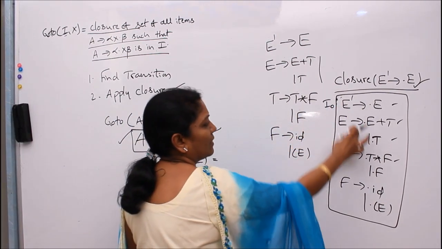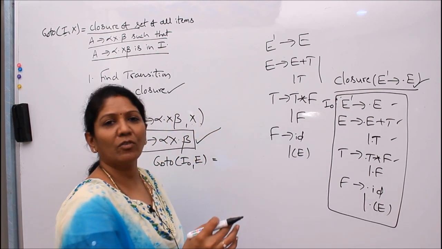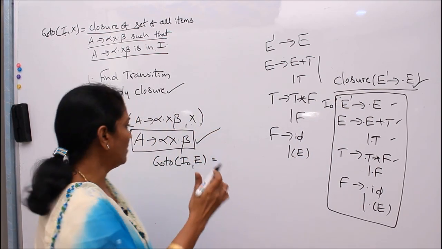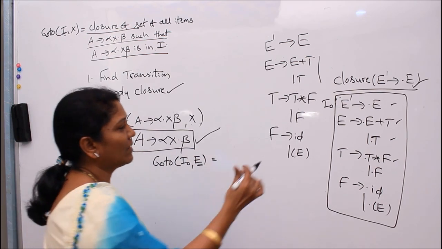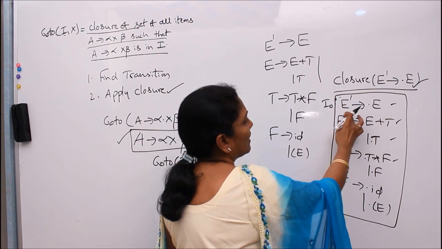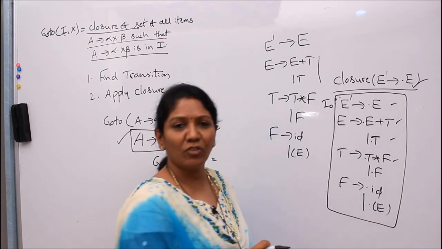Take each item in I naught and check what is the transition or change on seeing the grammar symbol E. For example, if I take the first item, on seeing grammar symbol E, what should be the change?